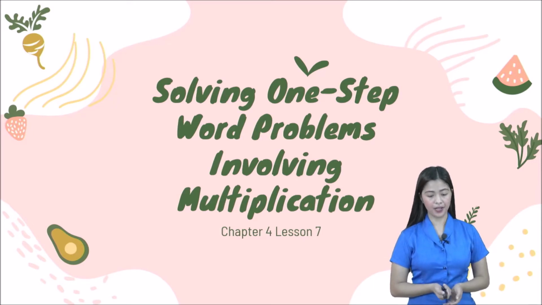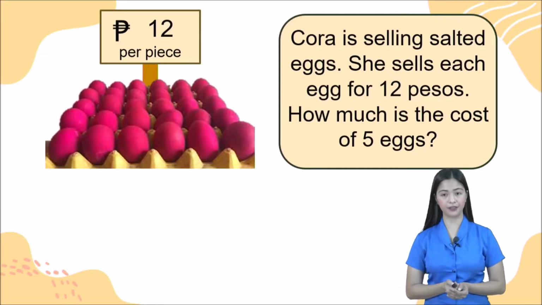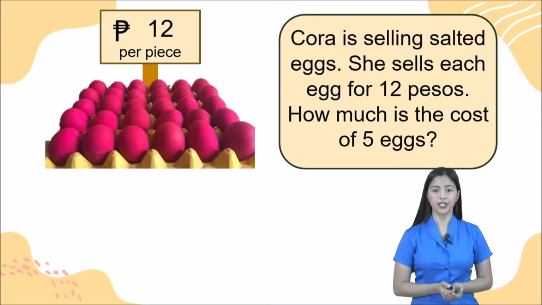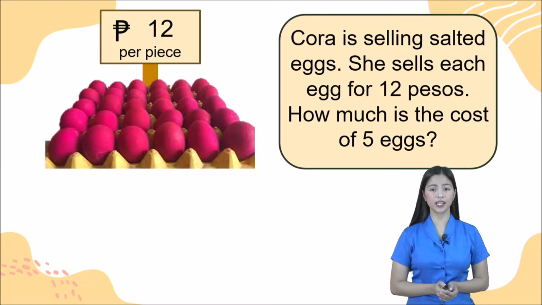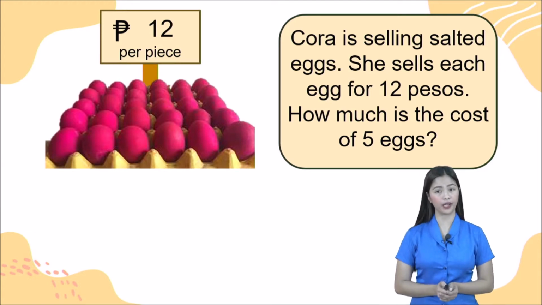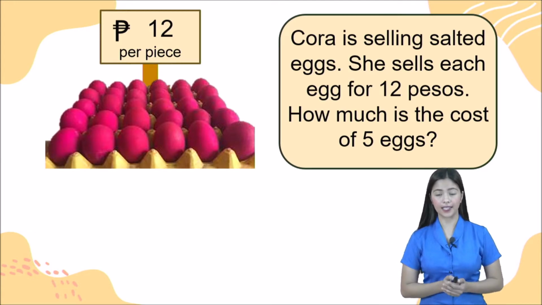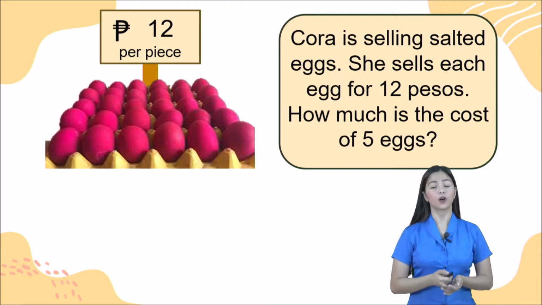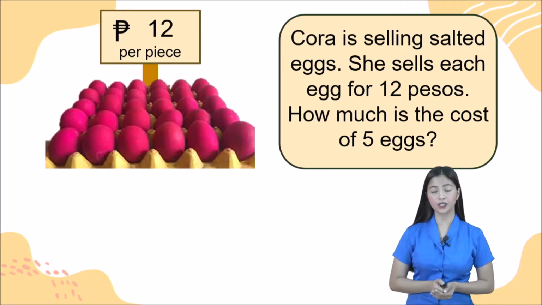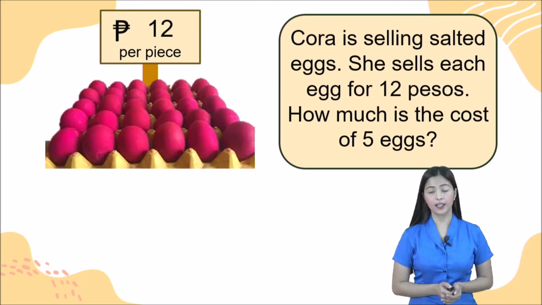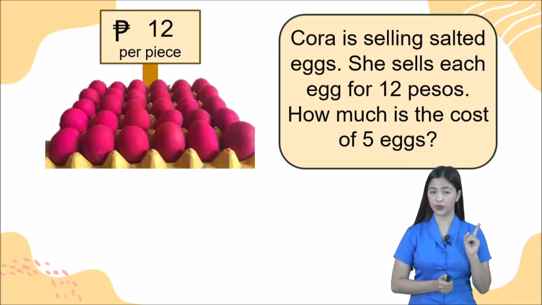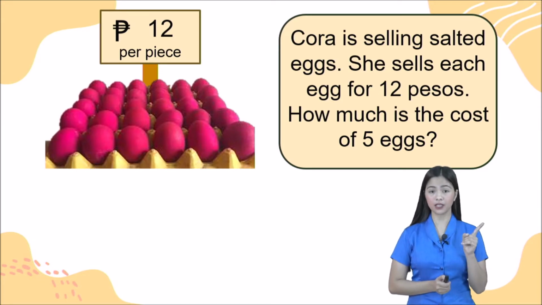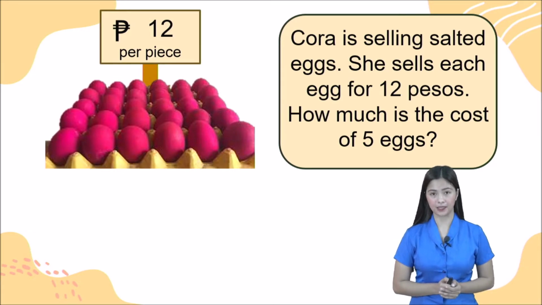So now, let's have the first example here. Cora is selling salted eggs and she sells each egg for 12 pesos. Again, kids, I will repeat. Cora is selling salted eggs and she sells each. So it means one salted egg is equal to 12 pesos, okay?